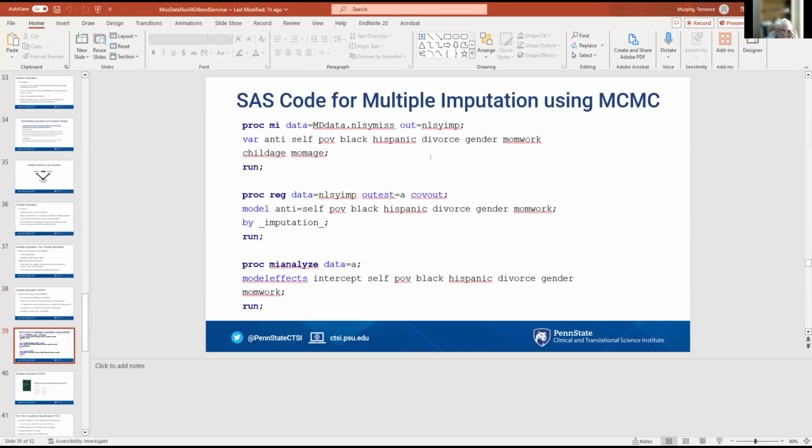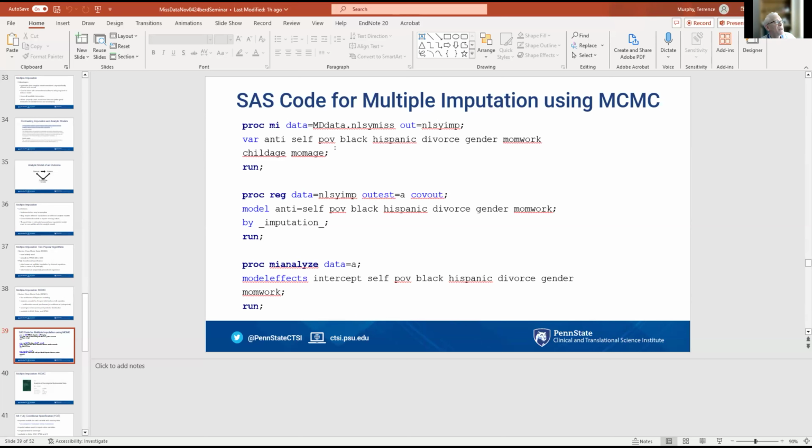Here's some SAS code that shows you how simple the code can be to run this. The top little block is the multiple imputation procedure, PROC MI. You have input data, you give a name to an output data. All the variables here, because we're not stating any algorithm, it's assuming the default, which is the MCMC.